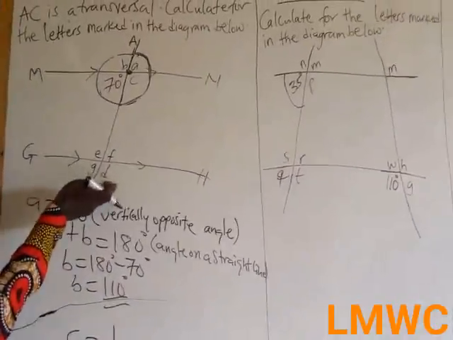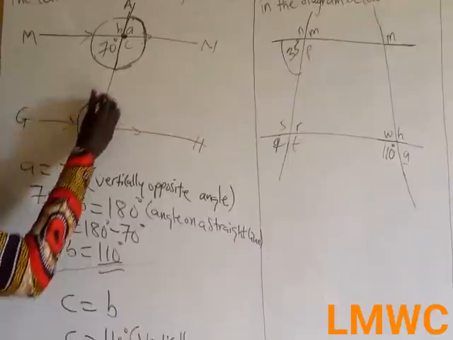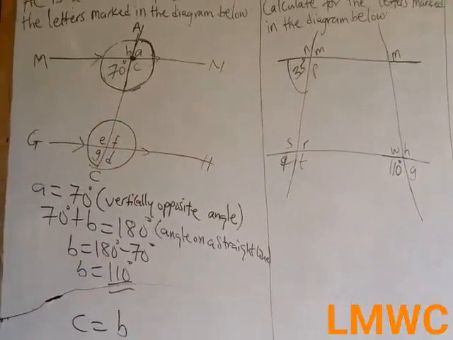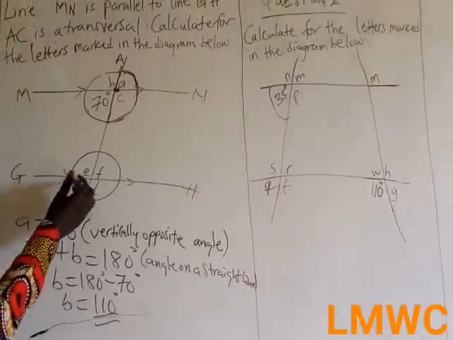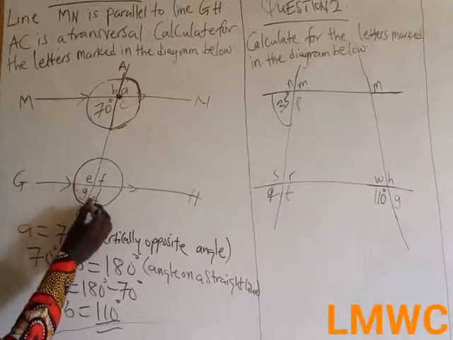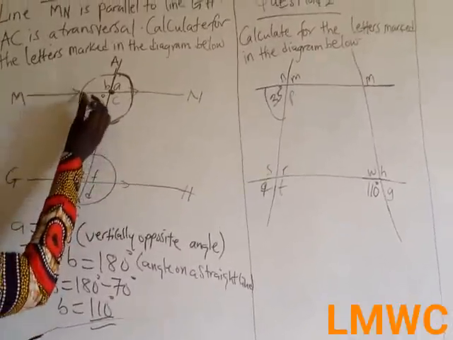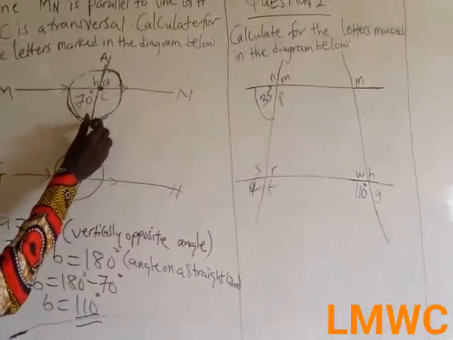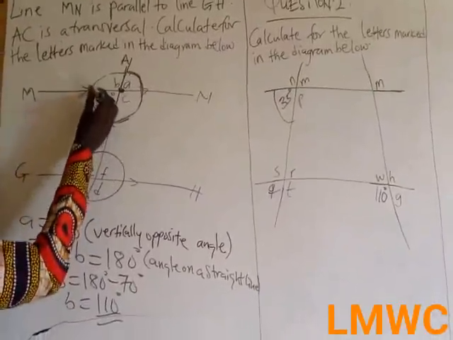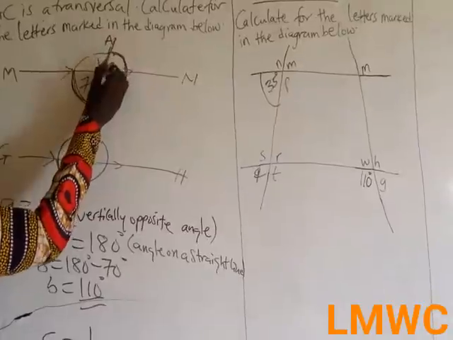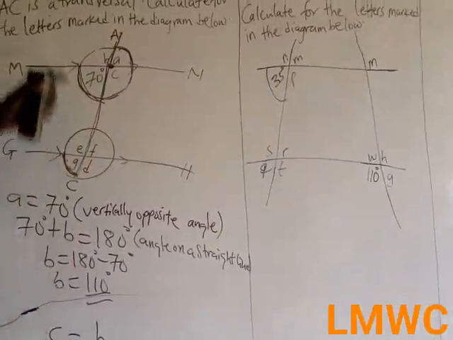Now, let us take this part. G, F, J, and D. So I'm starting from J. J corresponds to 70 because this is at the bottom and this too is at the bottom. J corresponds to what? 70. I'm taking here the left hand side.